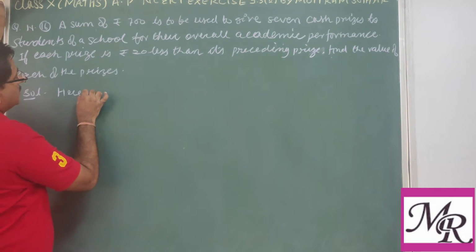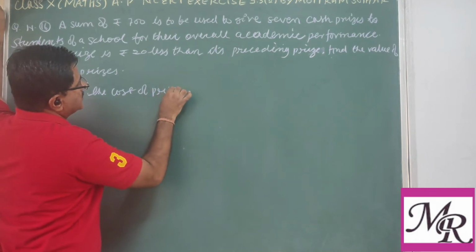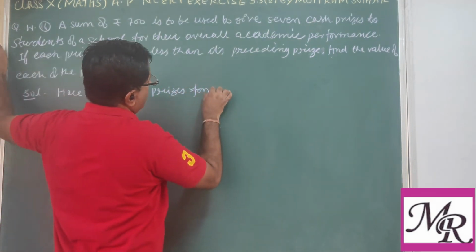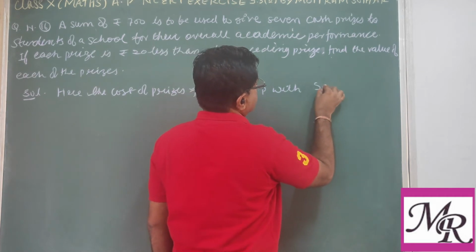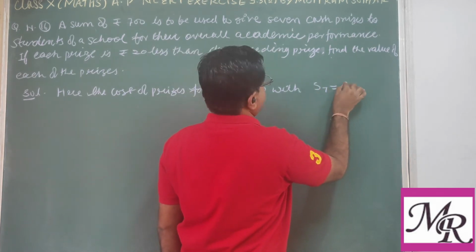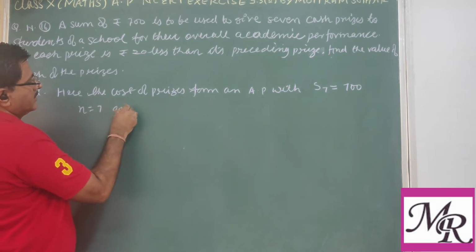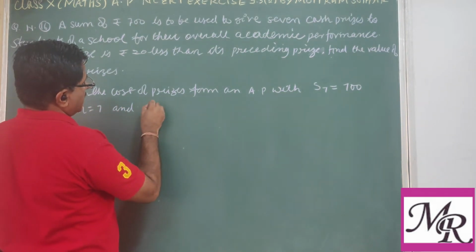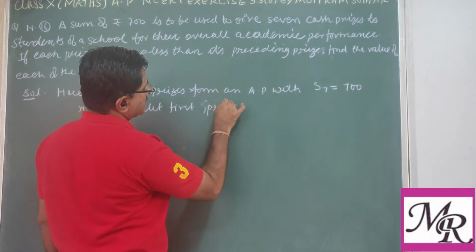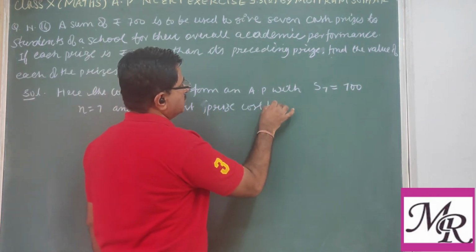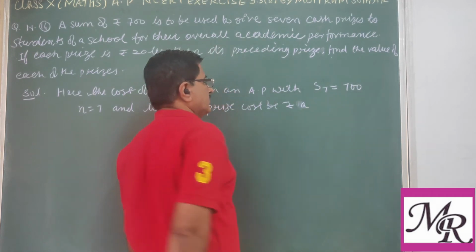Here the cost of the prizes forms an AP with S7, the sum of all prizes, that is 7 prizes, and the money is 700, n equal to 7, and the first prize costs rupees x, or you can say a, the first term is a.